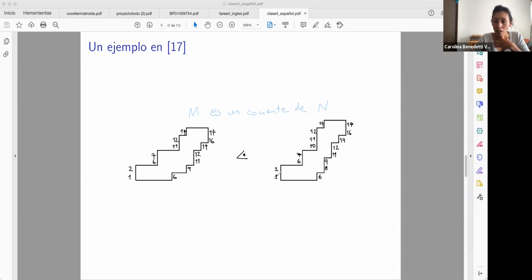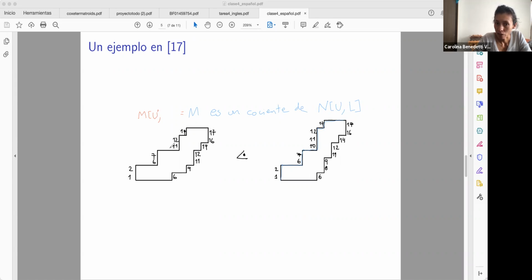Recall that here I have these labels that give me the upper bound of the lattice path matrix N. The labels from the upper bound we called U, and the labels from the lower bound we called L. The only thing that we noticed was, in the first place, the labels on the upper boundary of M are a subset of the labels of U here.